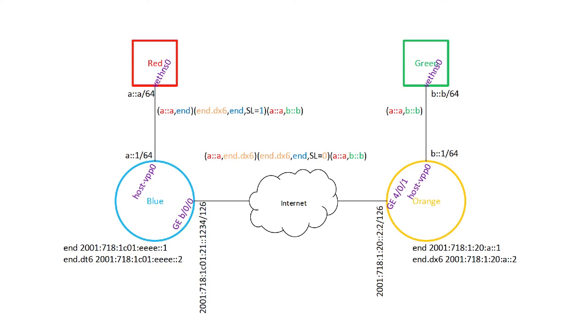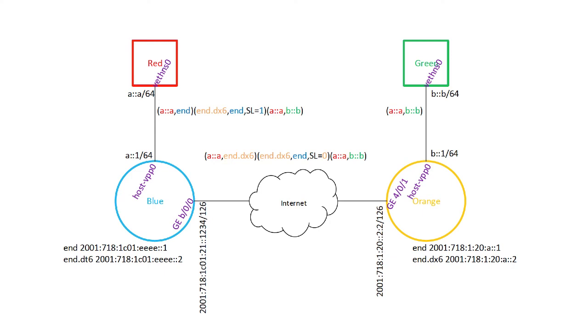So this is how packet forwarding looks like from red to green. Red will take original IPv6 packet from A::A to B::B and encapsulates it into new IPv6 packet with SRH. Source address remains the same, so A::A, but destination address is taken from SRH active segment.